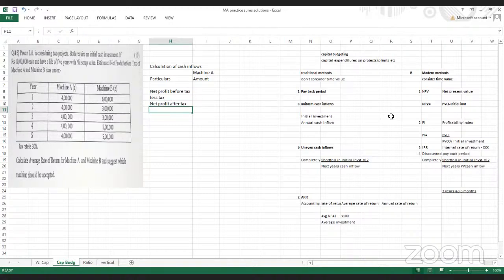To get cash inflow from net profit after tax, we have to add back depreciation. So I'll write add depreciation. Okay, we'll get cash inflow.